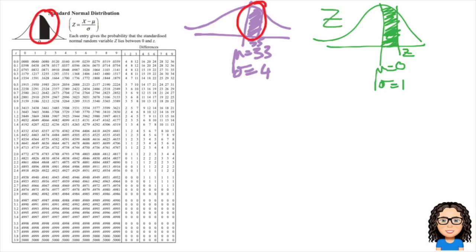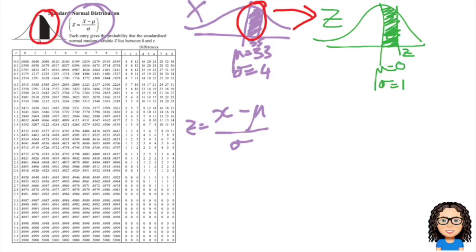There's my Z distribution, and this is my X distribution, and I need to convert from the X to the Z distribution. I do that by using the formula Z equals X minus the mean, over the standard deviation. You can see the formula on the top of our table. So that's my first step.